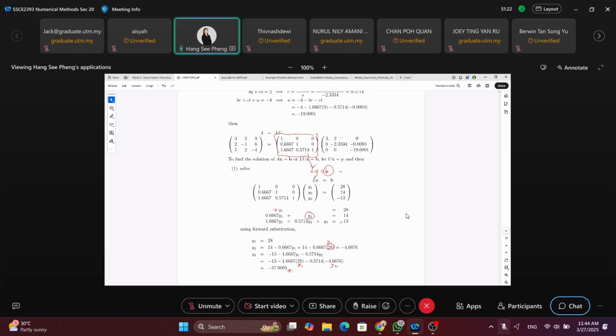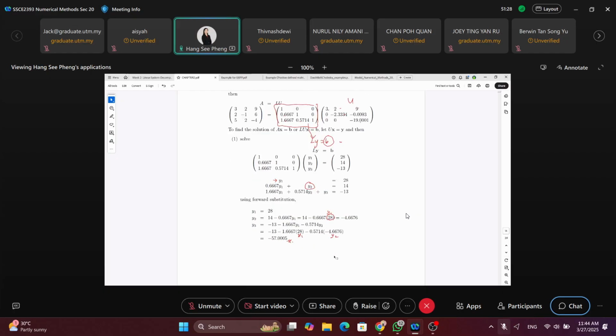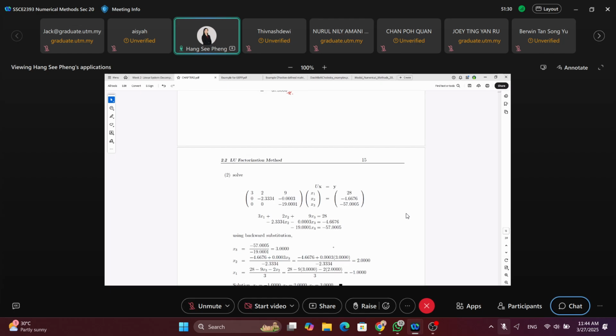After y1, y2, and y3, we proceed to the U. So Ux equals to y. These are the values that you obtained just now one by one. This is the U, and x is the one that you want to find.